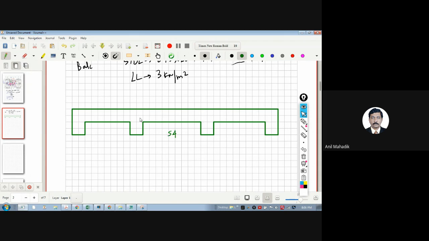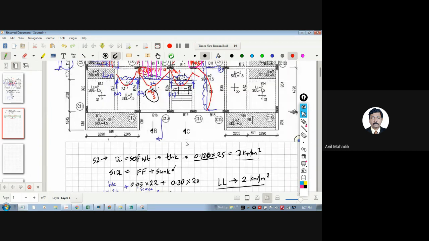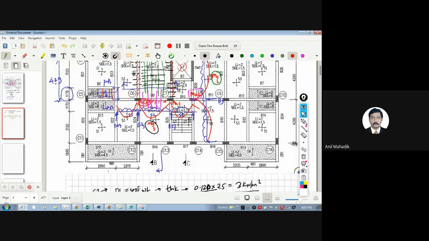Because this end is also continuous, this end is also continuous, that is fixed. So we will provide the steel here. Along short span is this. This steel is along short span, and this steel is along short span but at the top. Again here, along short span at the top. And this span is short span. So this section is nothing but this section, whatever I drew here.